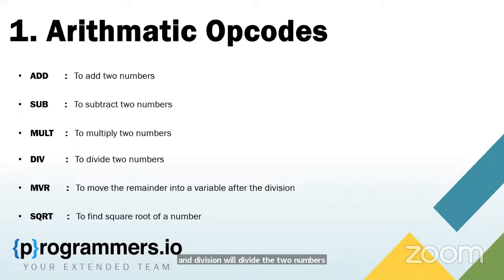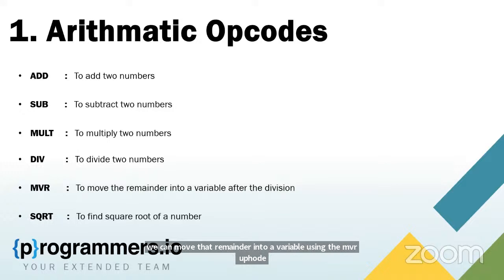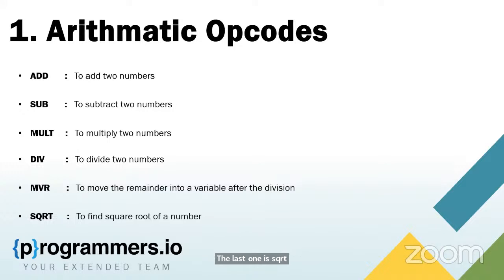MVR means move remainder. It is used just after the div opcode. Whenever we divide two numbers and find a remainder, we can move that remainder into a variable using the MVR opcode. The last one is SQRT, which finds the square root of any number.